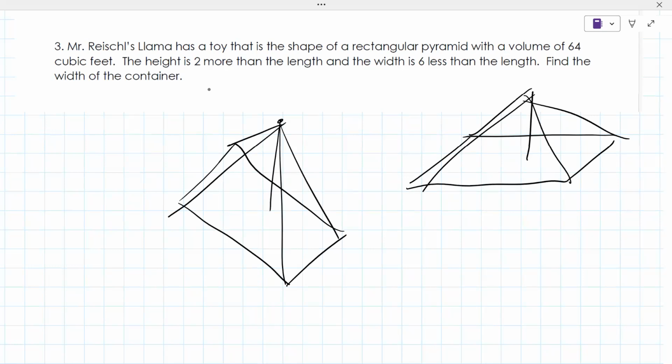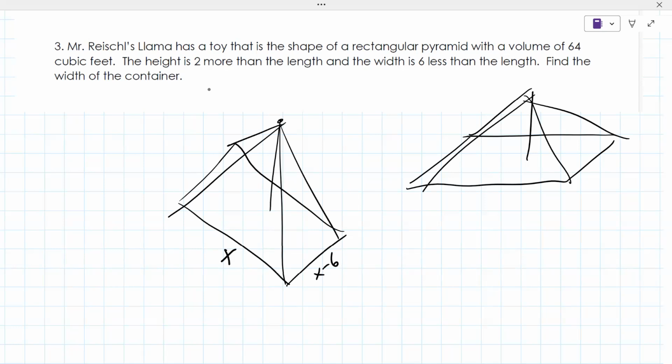All right. So the length, the width is two. The height is two more than length. So we'll call the length x. It's typically the longest dimension. The width is six less than the length, so x minus 6.